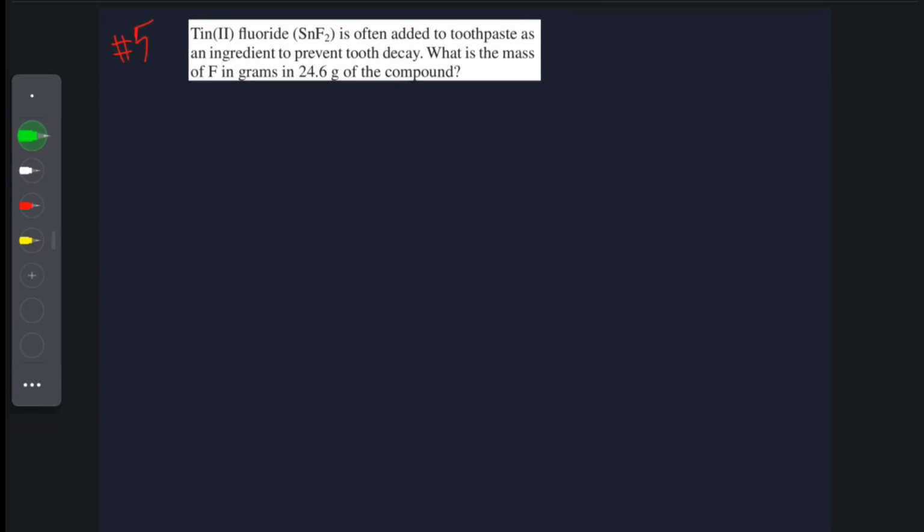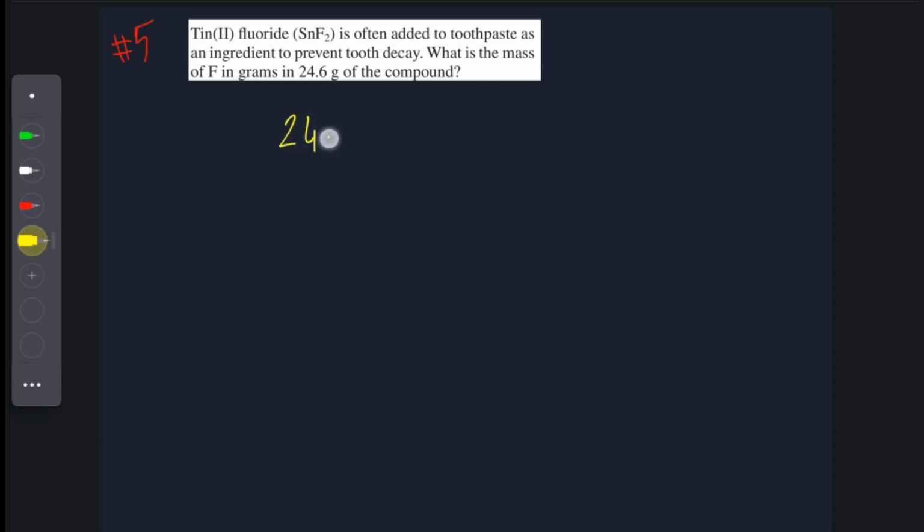In the fifth question, tin fluoride is often added to toothpaste as an ingredient to prevent tooth decay. What is the mass of fluorine in grams in 24.6 gram of the compound? Why should we do that?